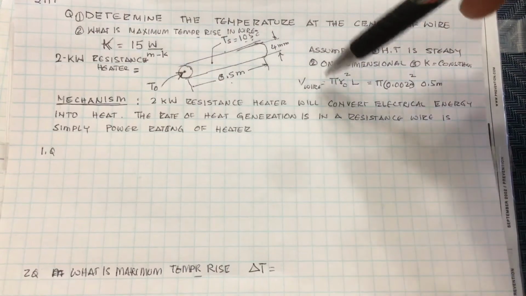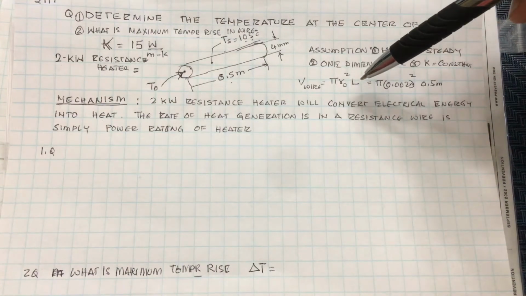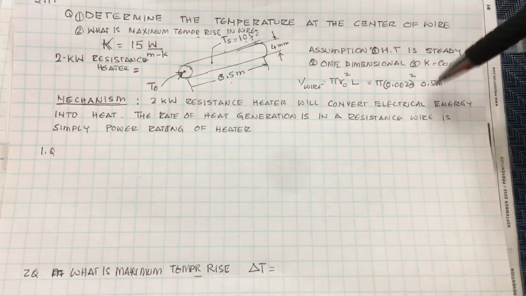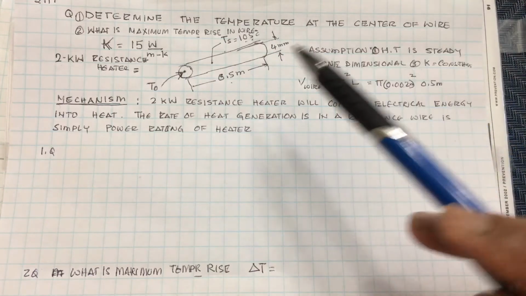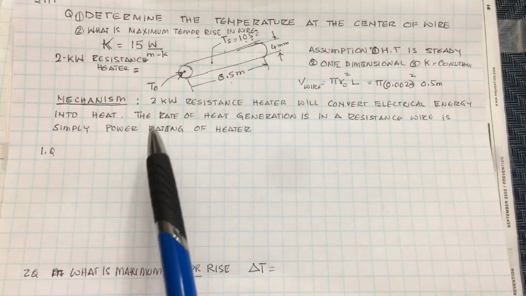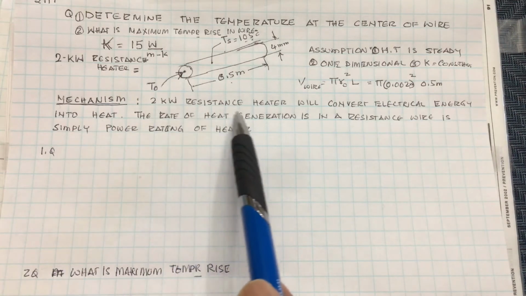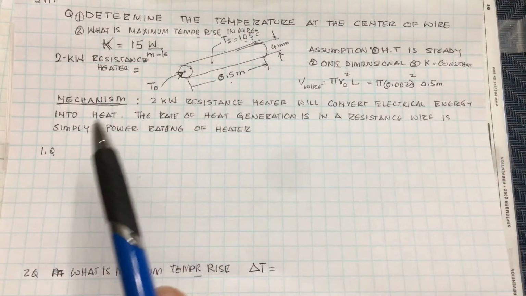And simple geometry, volume of wire is pi r square L, and so all the information is here. So what is the mechanism here? Whenever they give you this wattage, the power rating like this, for example, a 2 kilowatt resistance wire here means it converts electrical energy into heat.